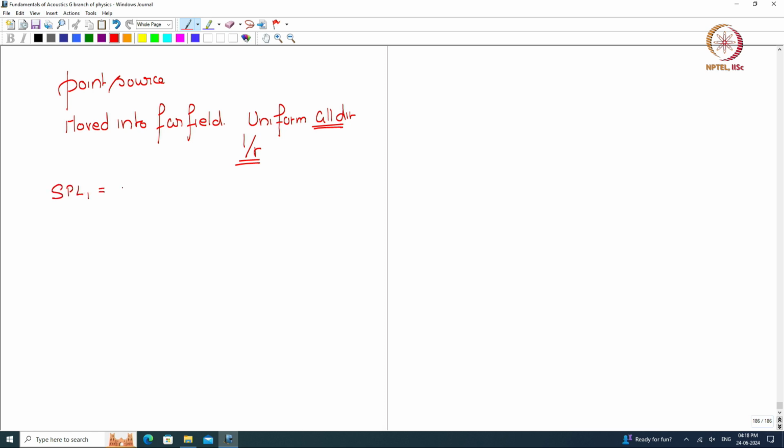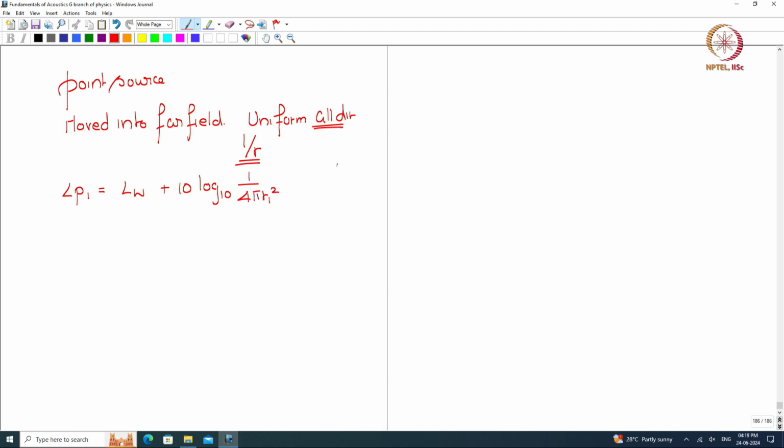If that is the case, then SPL1 or LP1 is equal to LW plus 10 log to the base 10 of 1 over 4 pi R1 square.